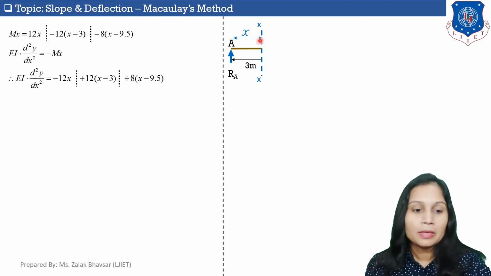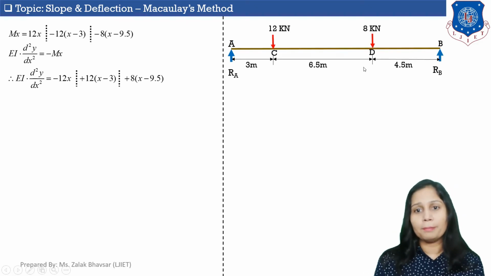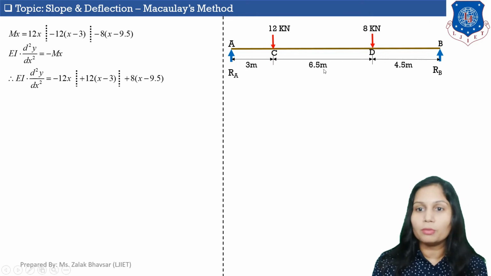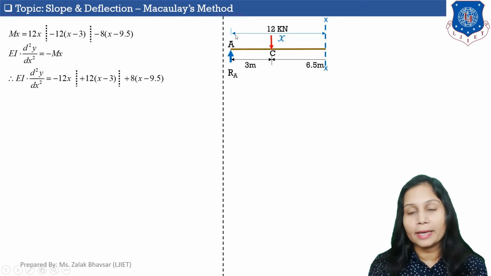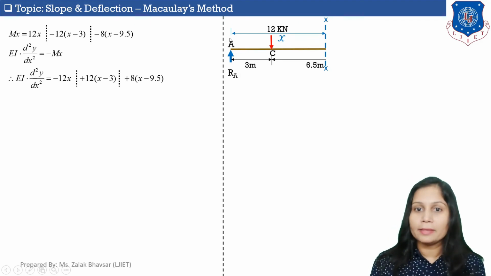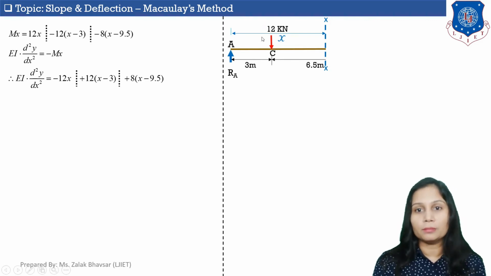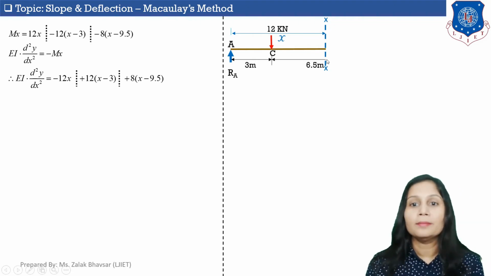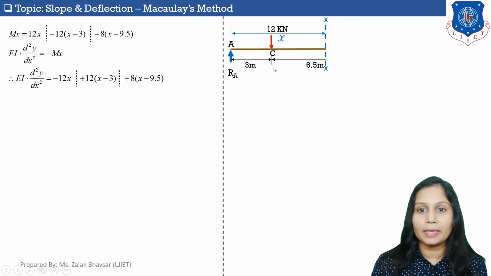Now similarly, if I take section in part CD and take moment of this 12 kilonewton load about that section line, then here in this figure you can see that I took section at a distance x from point A. If I am taking moment of this 12 kilonewton load about this section line XX, then this 12 kilonewton load is acting in a downward direction, which is making anti-clockwise moment about this section line.